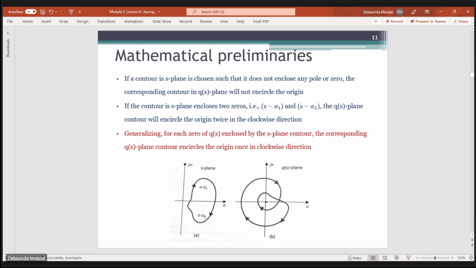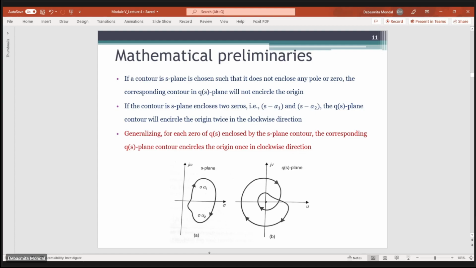In order to generalize, for each and every zero of QS which is enclosed by the S plane contour, the corresponding QS plane contour encircles the origin once in the clockwise direction. If you have one zero of QS enclosed by this S plane contour, the QS plane contour will encircle the origin once in the clockwise direction.